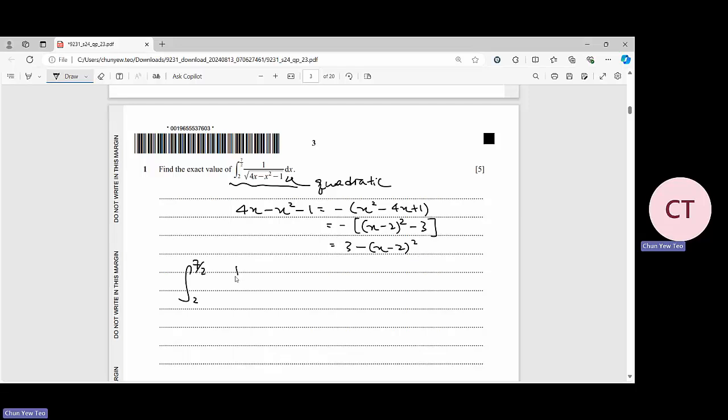The integral of 7 over 2, 1 over the square root of 4x minus x squared minus 1 dx, is actually the same as the quadratic that you have completed the square just now.